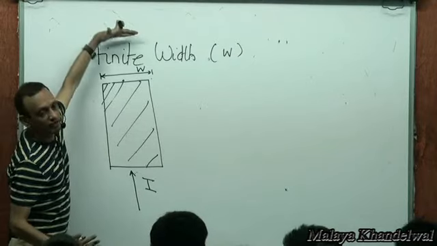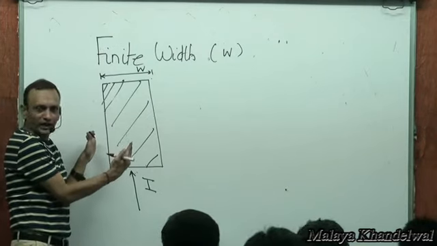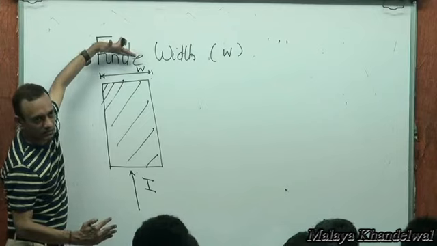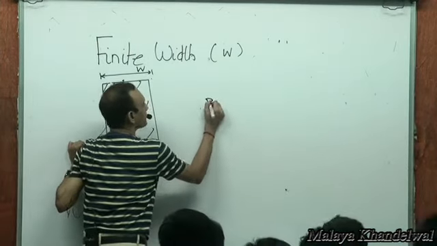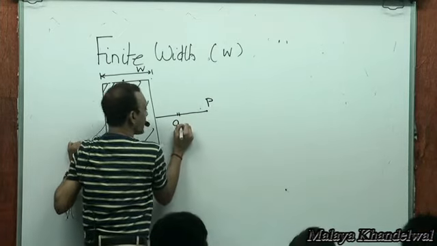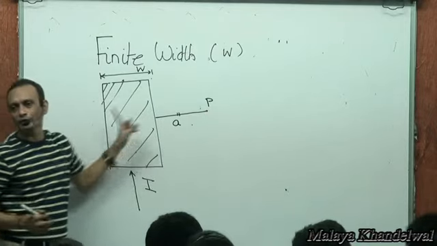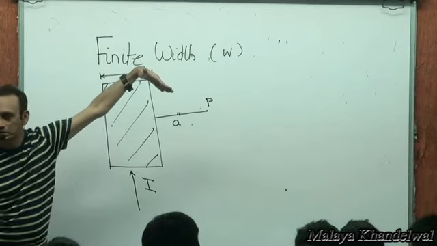Infinitely long current carrying wire, not thin, but of a finite width W, right? And it carries a current like this. At this point P, say at a distance small a from the nearer end of this wire, I want to be able to compute the magnetic field for this stretch of wire. Clear?